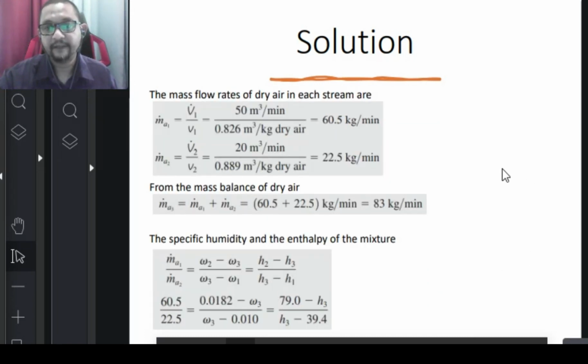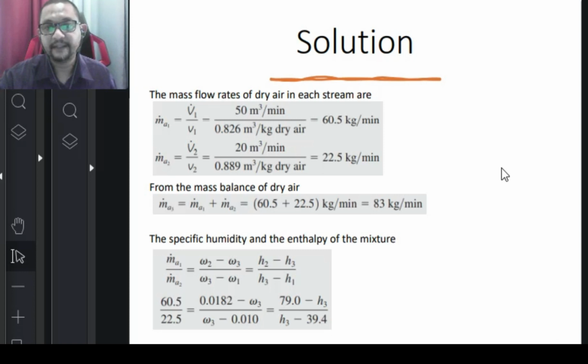Then, using the mass flow rate formula, m dot a equals V dot 1 over specific volume 1, you get 60.5 kilograms per minute, and for m dot a2 you get 22.5 kilograms per minute. Based on the energy balance, m dot a3 is 83 kilograms per minute.